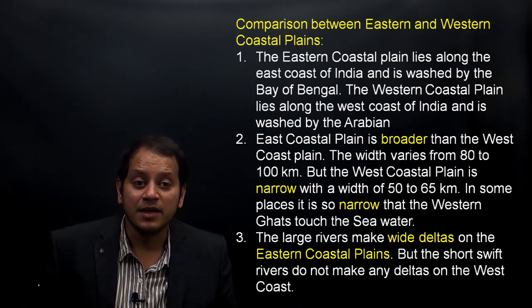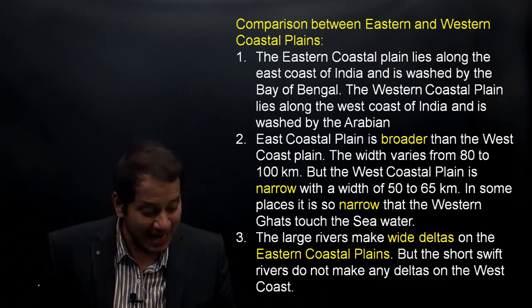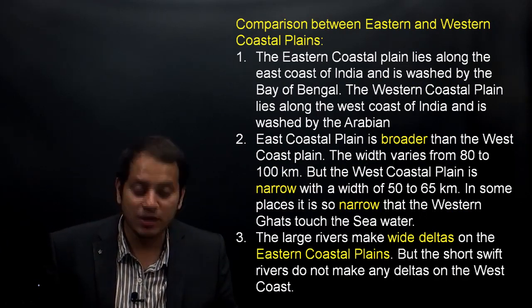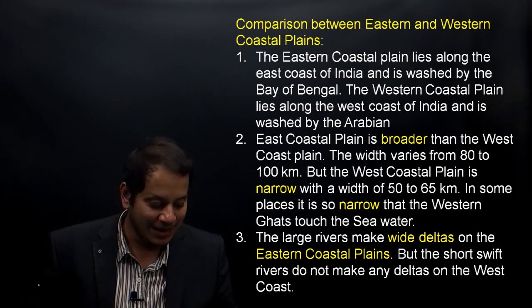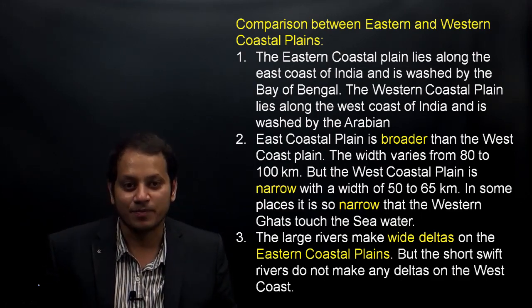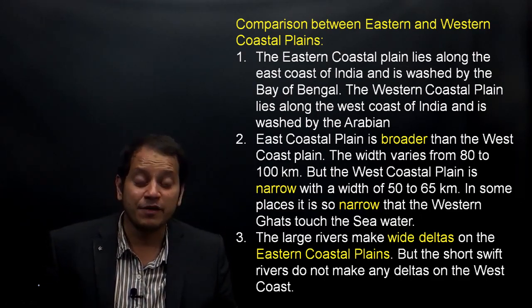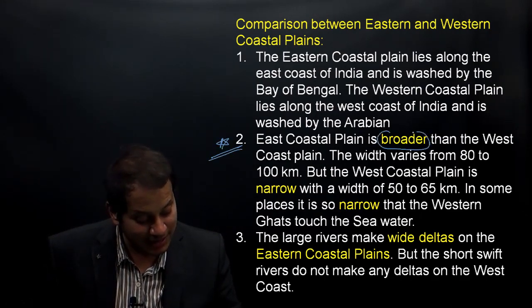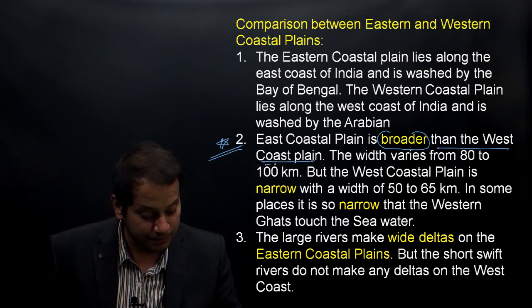Now see here, the east coastal plains lie along the eastern coast of India and they are washed by the Bay of Bengal, while the west coastal plain lies along the west coast of India and is washed by the Arabian Sea. The second point of difference is more important: the east coastal plain is broader than the west coastal plain.